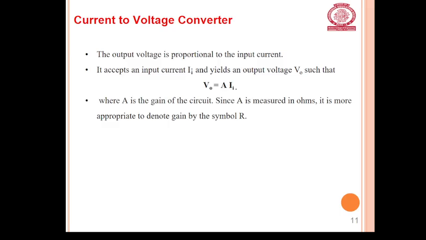The output voltage is proportional to the input current. So V0 equals A into I, where A is the gain of the circuit. Since A is measured in ohms, it is more appropriate to denote it by R.